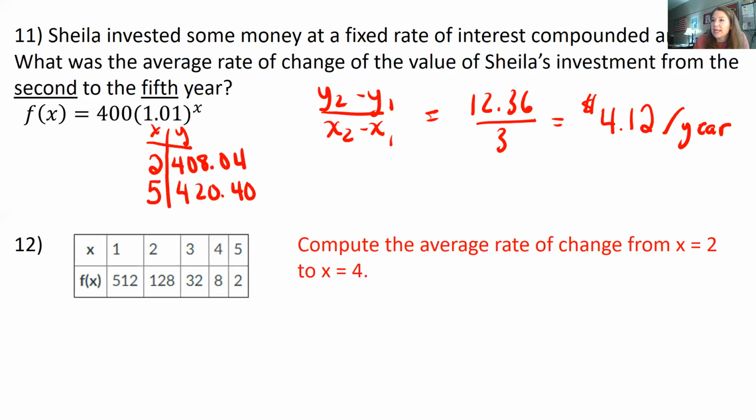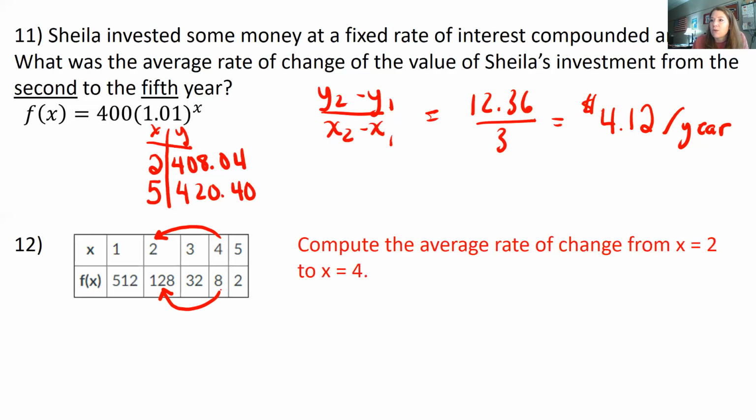All right, number 12, compute the average rate of change from x equals 2 to x equals 4. So we're kind of doing the same thing. We're going to do the change in y over the change in x. So remember, x is already labeled, but f of x can represent y.